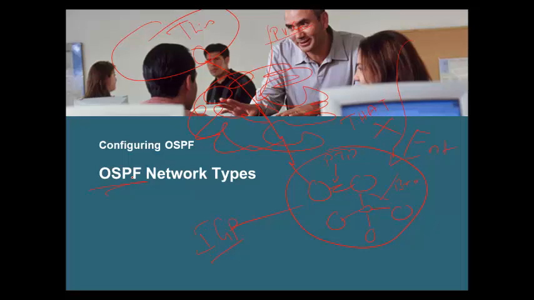What is this PVC? A virtual pipe, a virtual connection between the sites. It's a tunnel. PVC means permanent virtual circuit, provided by a technology called frame relay.